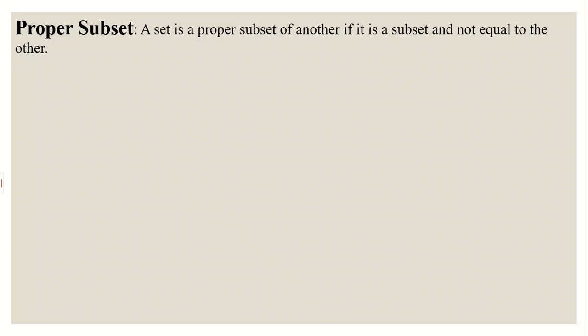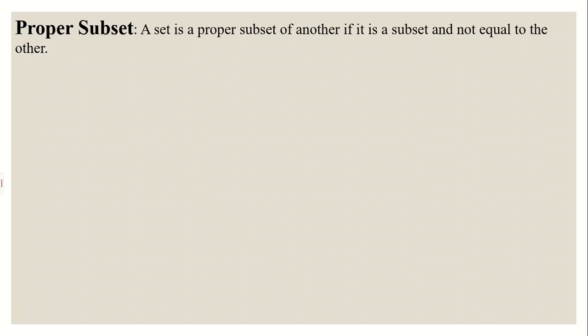Let's assume A contains 1 to 10 and B contains 1 to 10 also. Then B is not a proper subset of A in this case, because they have an equal number of elements and the same kind of elements.